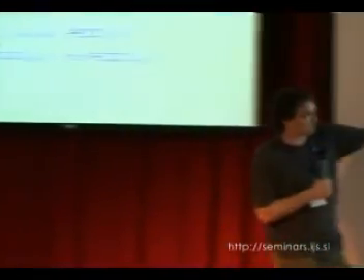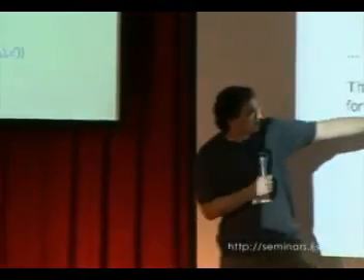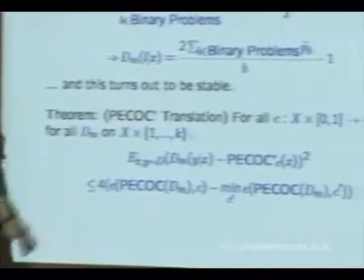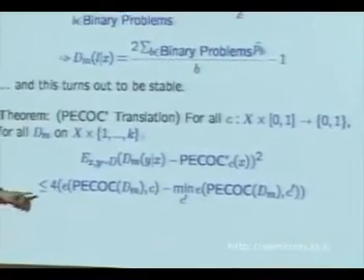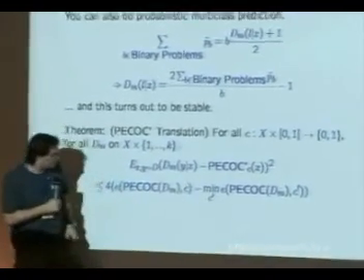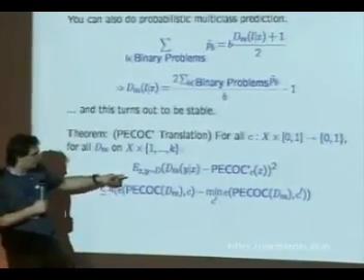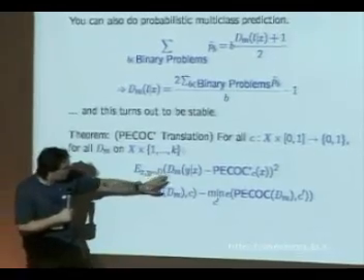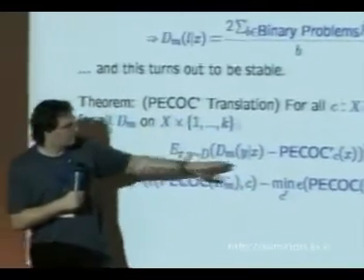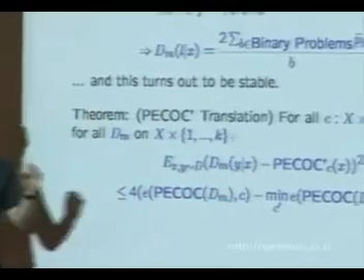So in particular, you can prove that for every classifier, for every multi-class distribution, 4 times the binary classifier's regret bounds the squared error in our estimate of the probability.